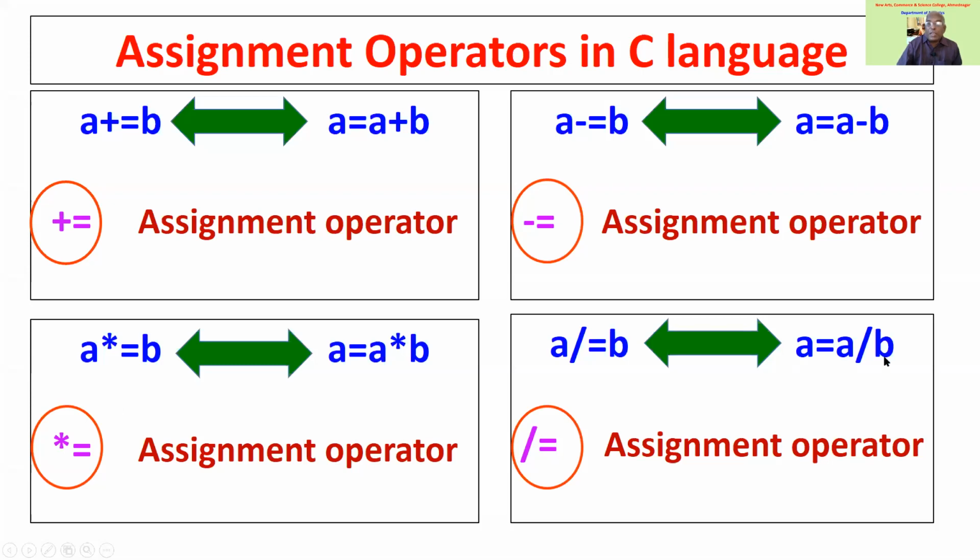A equal to A slash B. The value of A is divided by B and the result is stored in A. This statement is equivalently replaced by A slash equal to B, and slash equal to is a new operator called an assignment operator.